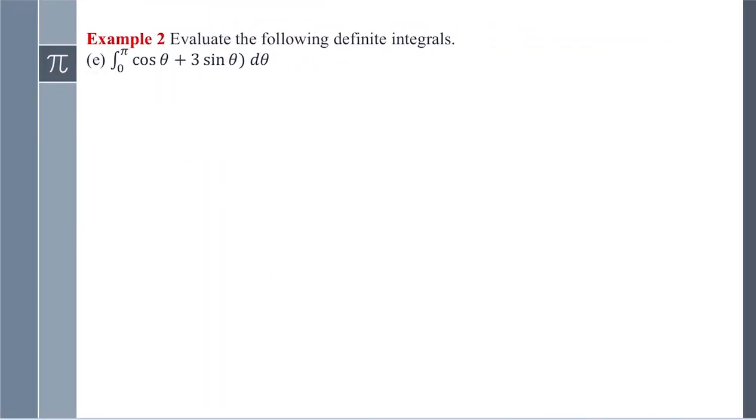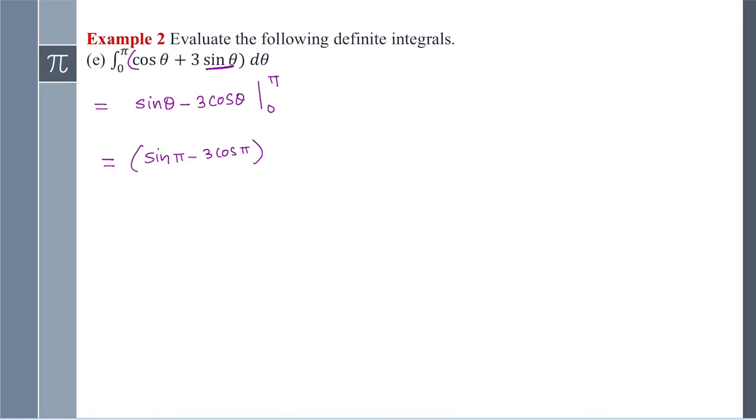Here's another example. Sorry, we should have a parenthesis here. Now, this equals, again, first we are going to find the antiderivative. The antiderivative of cosine theta is sine theta, and it's not negative. The derivative is negative. But the antiderivative of sine theta is negative cosine theta. So this is sine theta minus 3 times negative cosine theta, and we go from 0 to pi. Let's plug in pi first: sine pi minus 3 cosine pi.